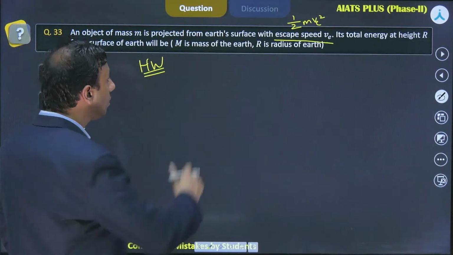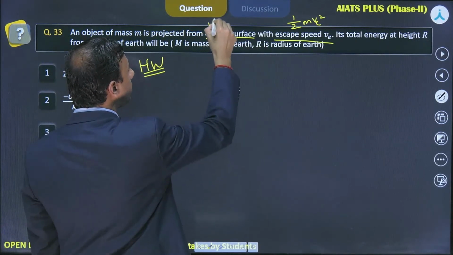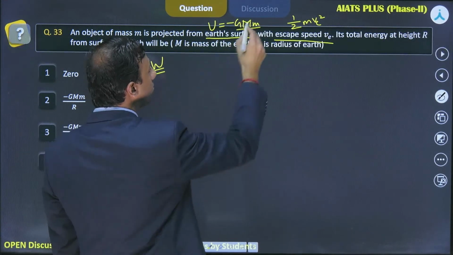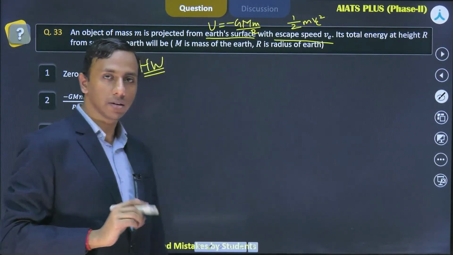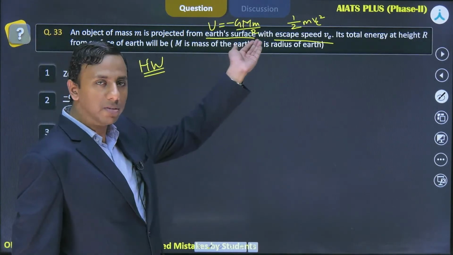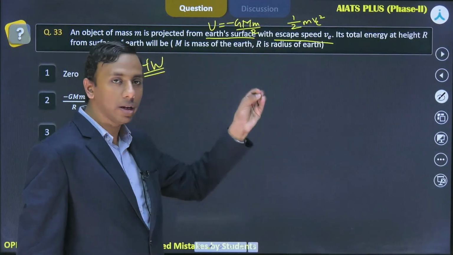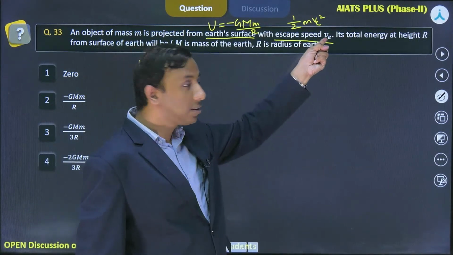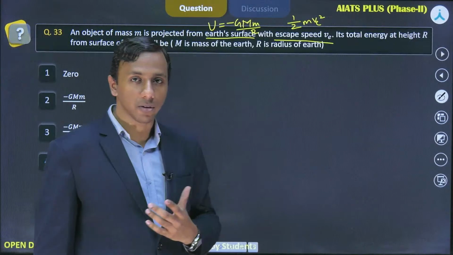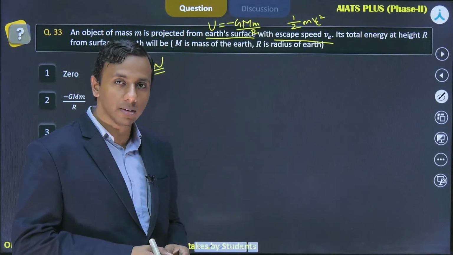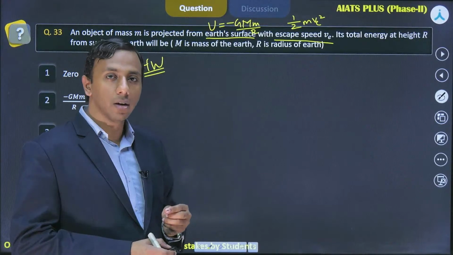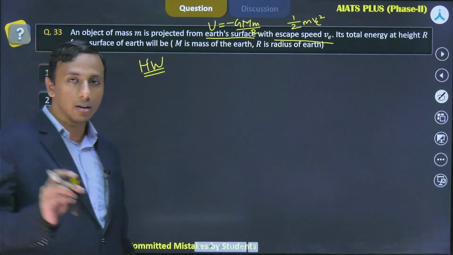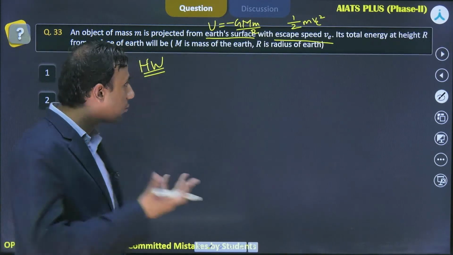From the Earth's surface, that will be minus G capital M small m by capital R. Then they are asking, find the total energy at a height capital R. Why at a height? Because with this speed, it will escape from the surface of Earth, so it is going to go up. At that height, what will be the total energy? That's what they are asking. So total energy of the satellite you have to find out. How will we do that?